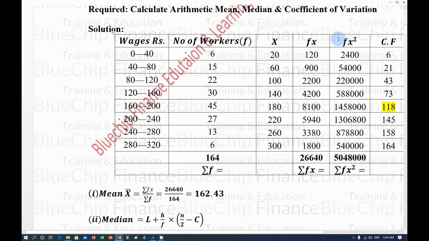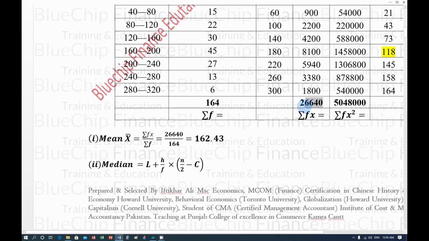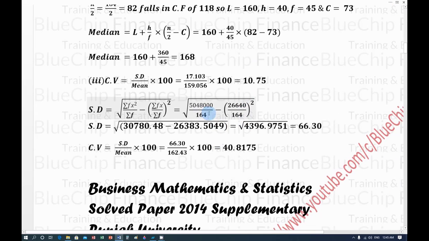To take fx square, simply multiply fx with x, and the result is fx square. So fx square is 5048000, sum of f is 164 and sum of fx is 26640. Put all these figures into the formula and solve for standard deviation, and standard deviation will be 66.30.